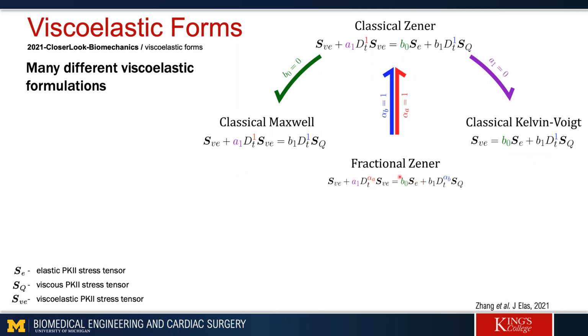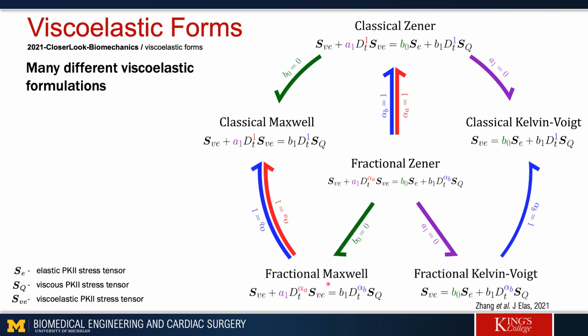So if you think of this fractional Zener model, it would be pretty much the same as the Zener model, except for now we're allowing the derivatives to not be order 1, but to maybe be an order alpha, so some fractional order. And again, you can kind of connect these and make fractional Maxwell models and fractional Kelvin-Voigt models. And all of these things have been talked about in the literature for various applications.